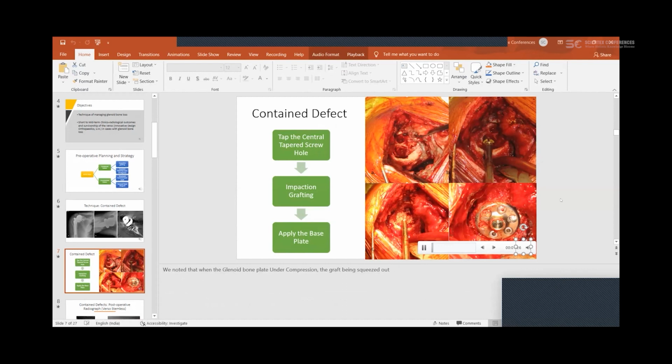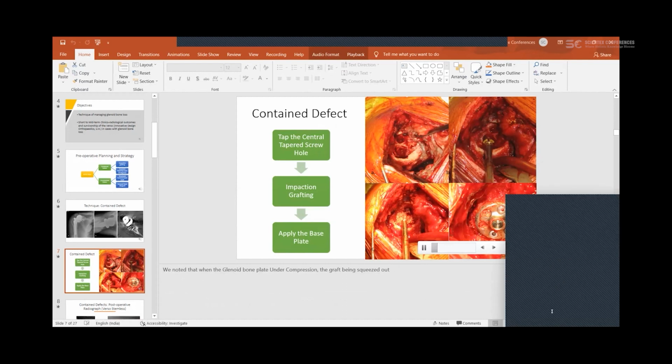And these are some of the intraoperative pictures. As I said, you would identify the defect, take a graft from either the humerus or the tricalcium phosphate granules, fill the defect with a bit of impaction grafting, and then apply the base plate over the top.